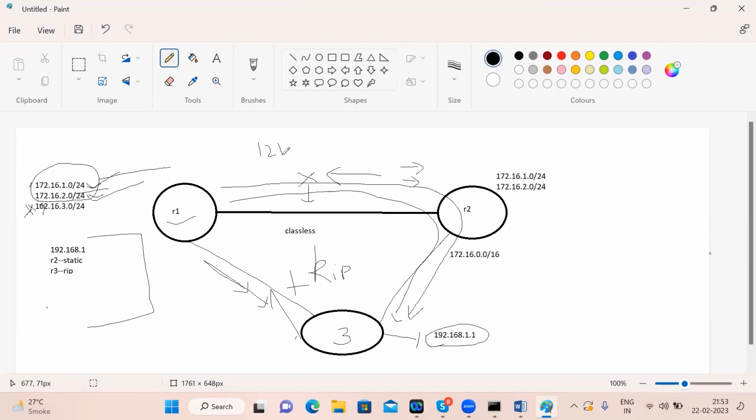Now router 2 will get the information through the static route, but with an administrative distance of 121, and RIP is advertising with a default value of 120. Now you say, to whom will it give a preference? The lowest value is of RIP, 120.